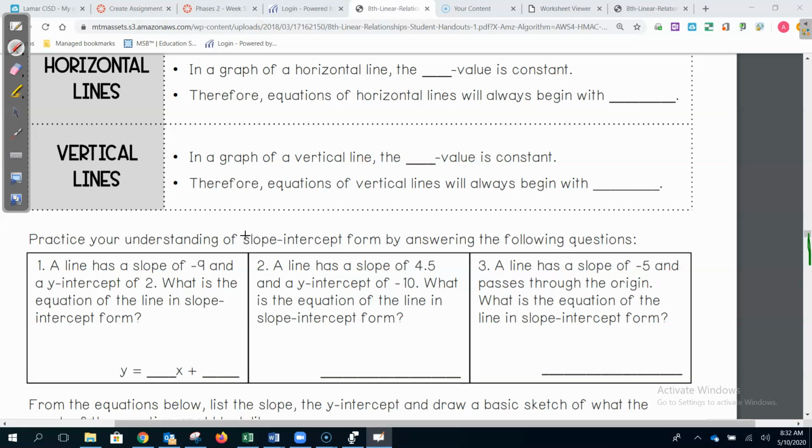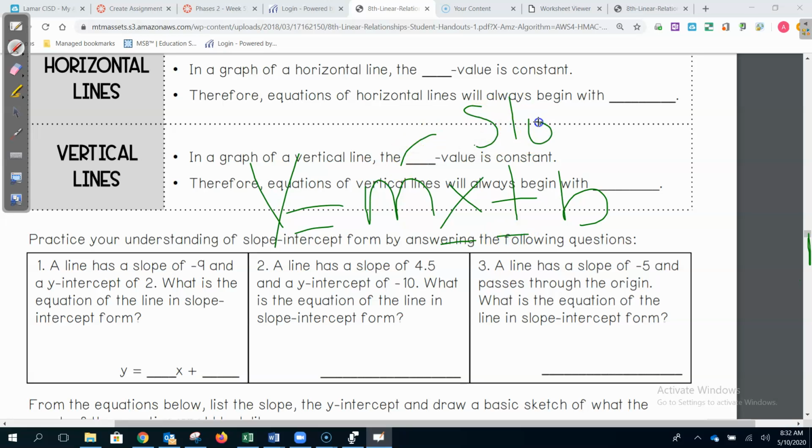Remember, y equals mx plus b. And they've already given us the x and the plus. All we have to put in is the slope. We're pulling out the slope and we're pulling out the y-intercept. It was really nice of them to give it to us. They say right here, a slope of -9.